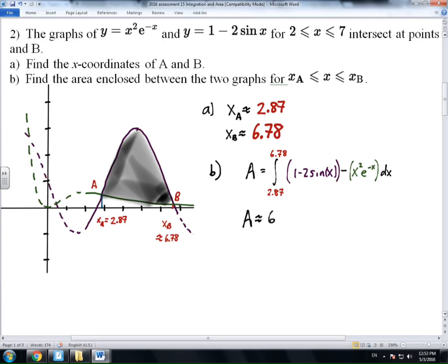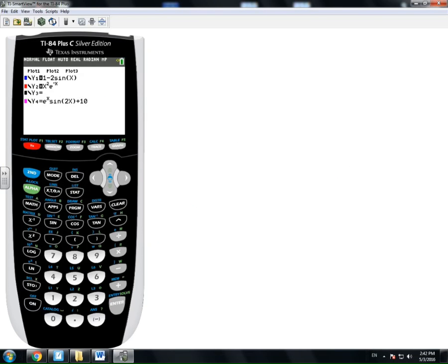So I do go to the calculator, and it produced area equals about 6.76. Let me show you how to do that briefly. We have the two functions written in here, but I'm going to unhighlight them because I don't want to see their graph anymore. I want to see what happens when we take the upper curve minus the lower curve, which is y1 minus y2.